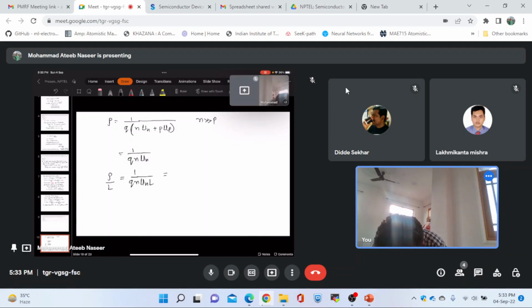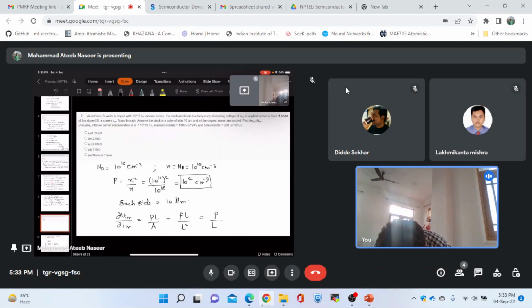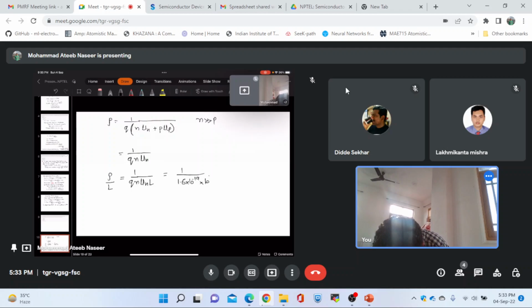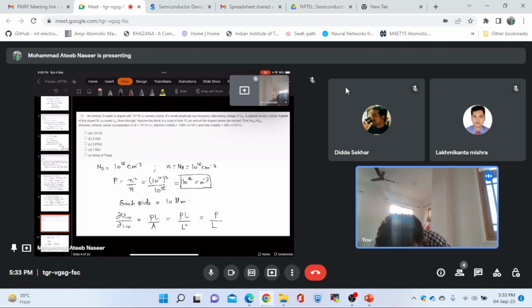Now let us substitute the values. This electronic charge has the value of 1.6 into 10 raised to the power minus 19 coulombs, and this n has the value of 10 to the power of 16, and the mobility for these electrons is equal to 1000 centimeter square per volt second.